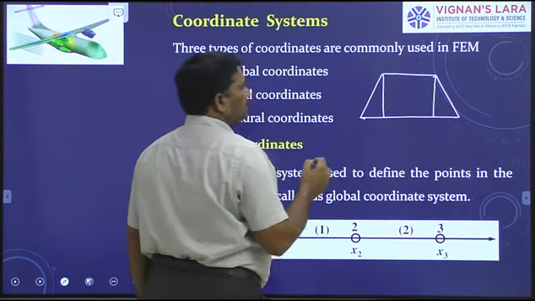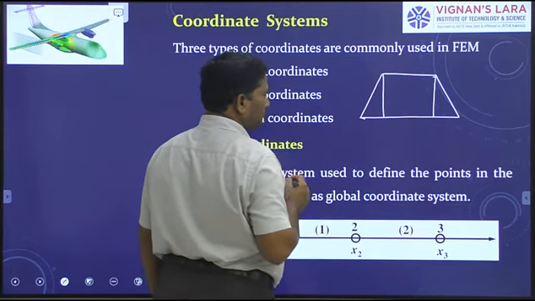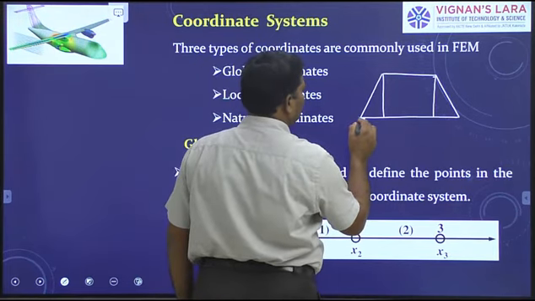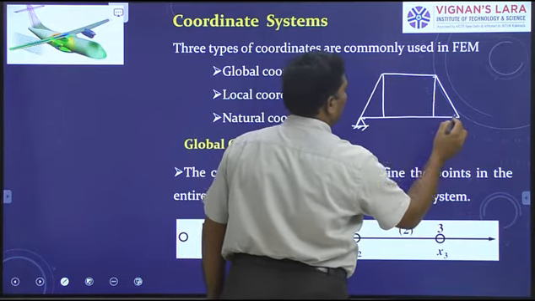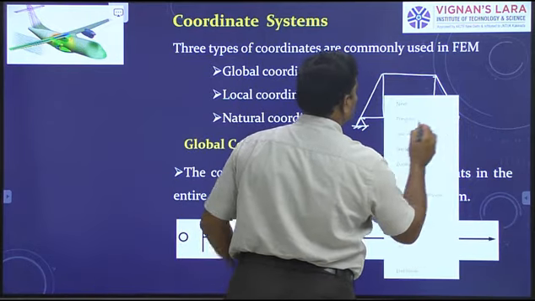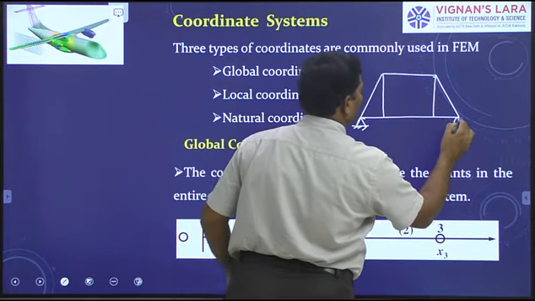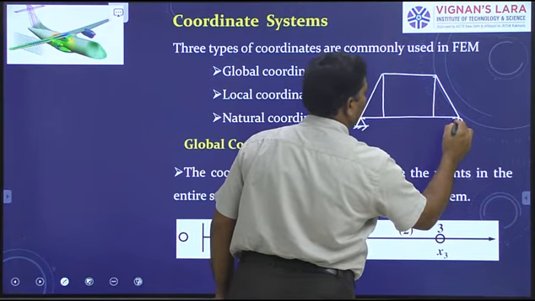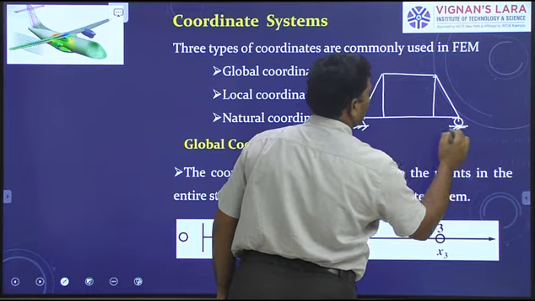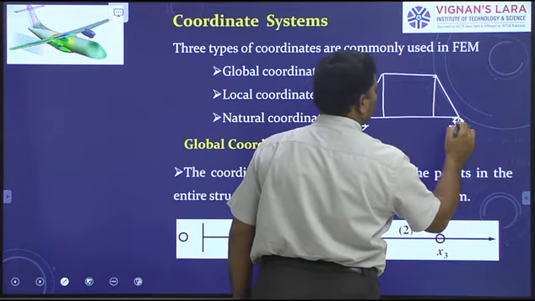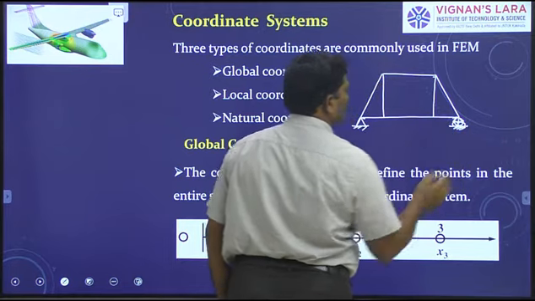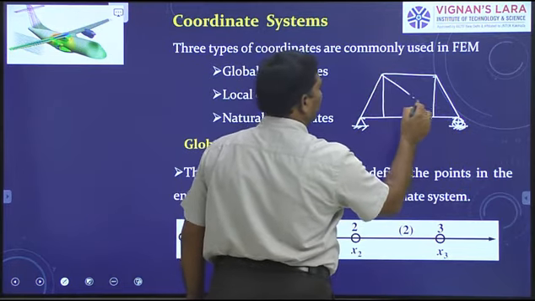Observe this structure carefully. This is a truss. One end is fixed. The other end is supported on a roller like this. Right?